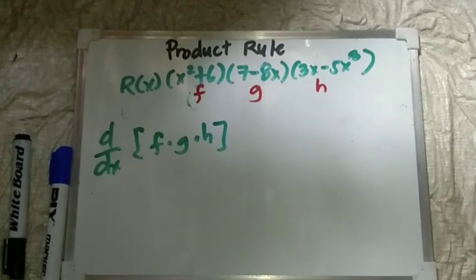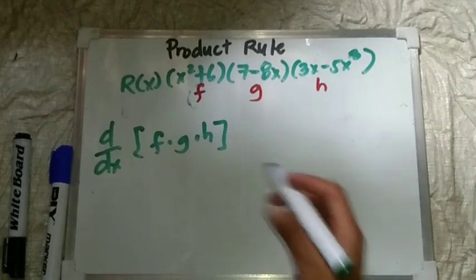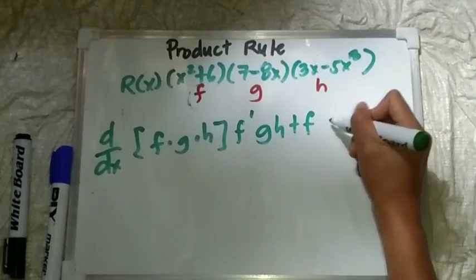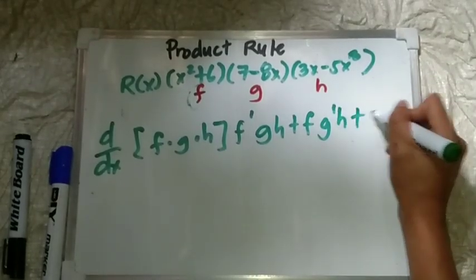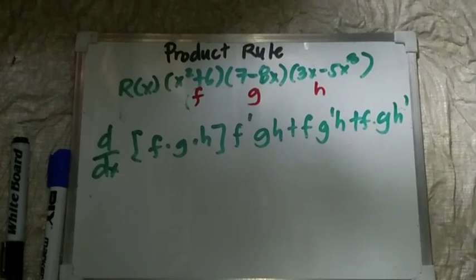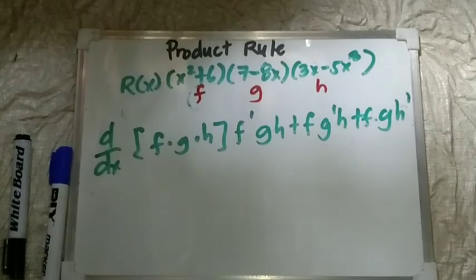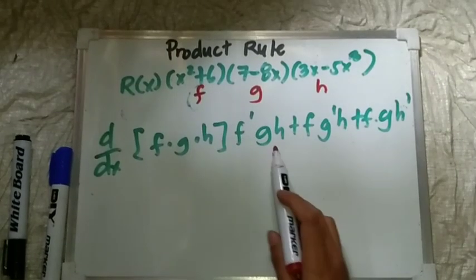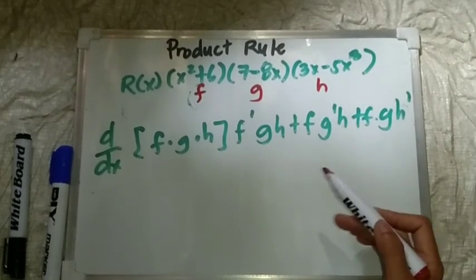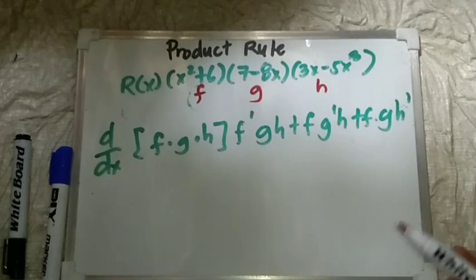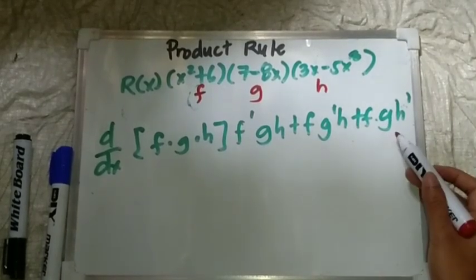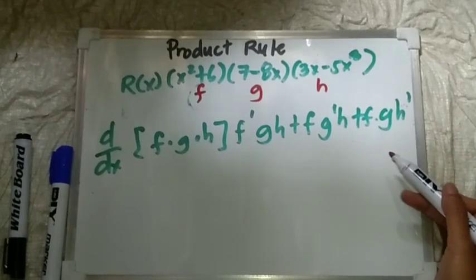It is f prime times g times h, plus f times g prime times h, plus f times g times h prime. As you can see, first differentiate the first part f and leave the other two the same, then differentiate the middle part g, leaving f and h the same, and then lastly differentiate the last part h and leave f and g.